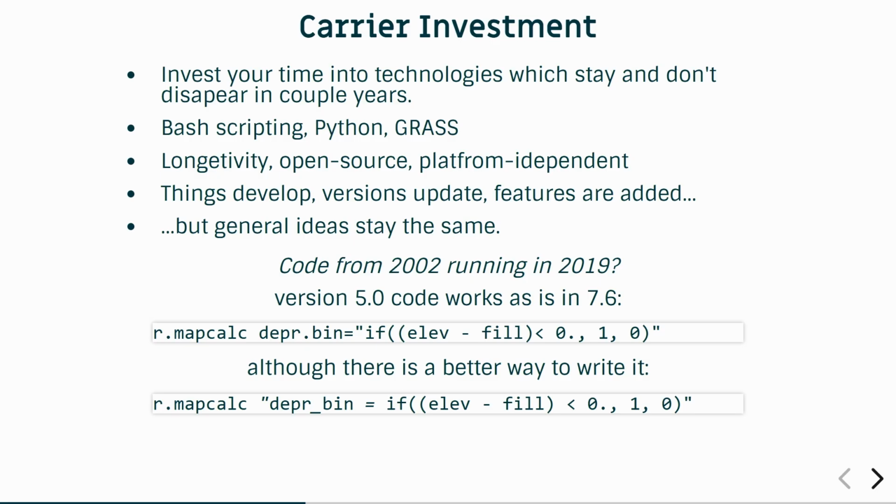What these tools have in common is not only longevity, but also the fact that they are open source, and that kind of lends itself to more stability and longevity, and they are also platform independent. So they right away from day one work on multiple different platforms, meaning they work on Mac, Windows, Linux. So they can easily work in cloud, and if there is something beyond cloud, they will work on it as well, because that's just what they do. They always just work on any platform available.